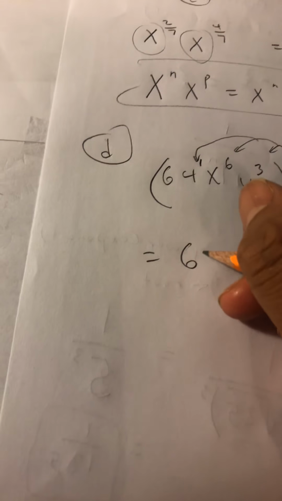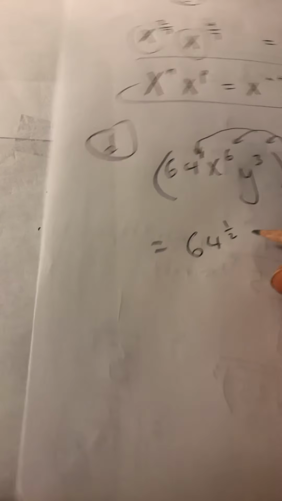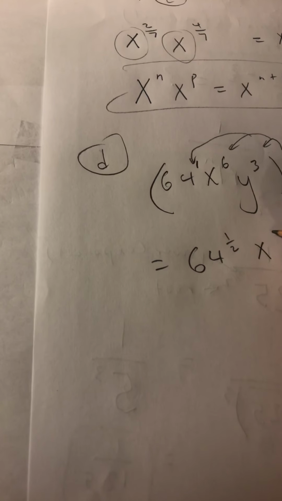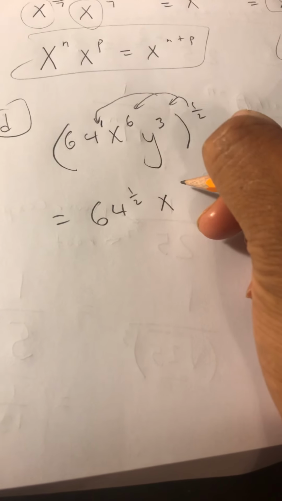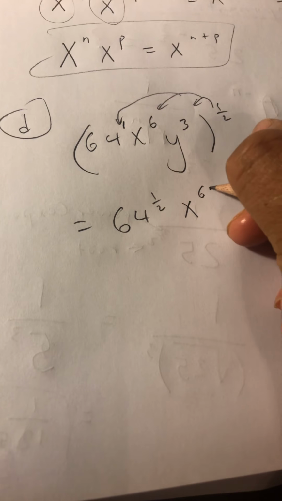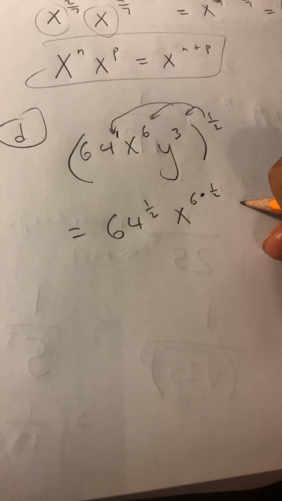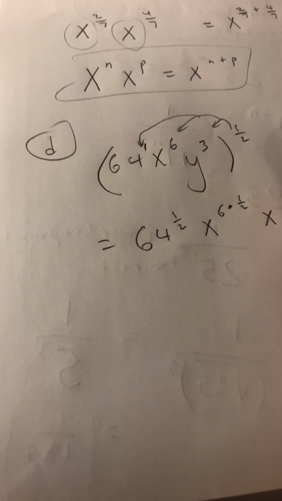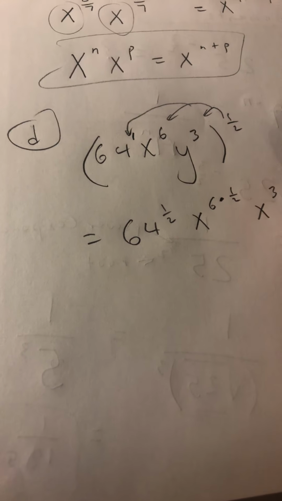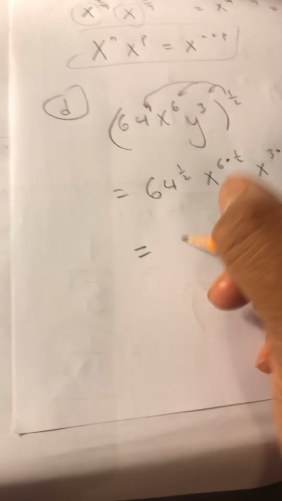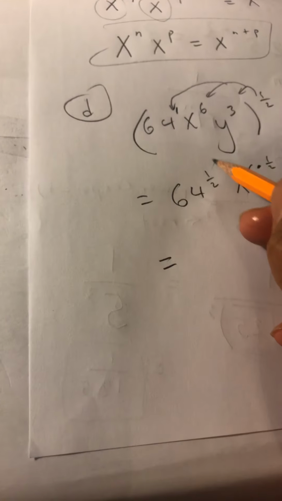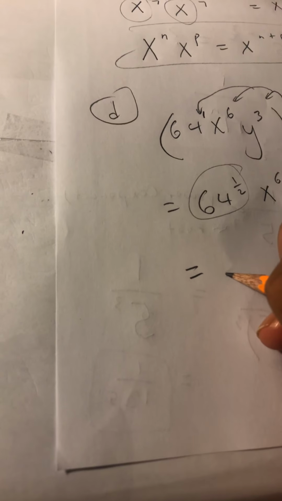So that's just going to give me, now 64 is an invisible 1 here, so it's going to be 64 to the 1/2 x to the 6 times 1/2, just write that, and then y to the 3 times a half. Just keep it simple. And now we know that anything to the half power is the same as the square root.